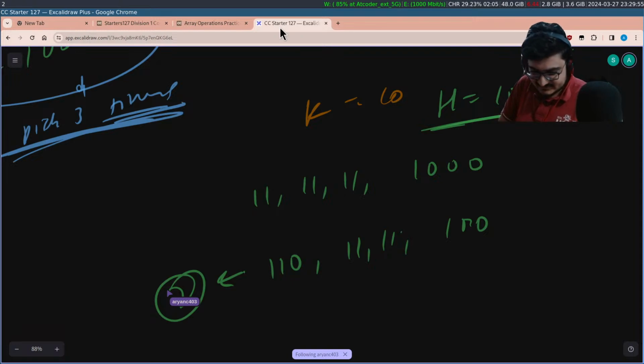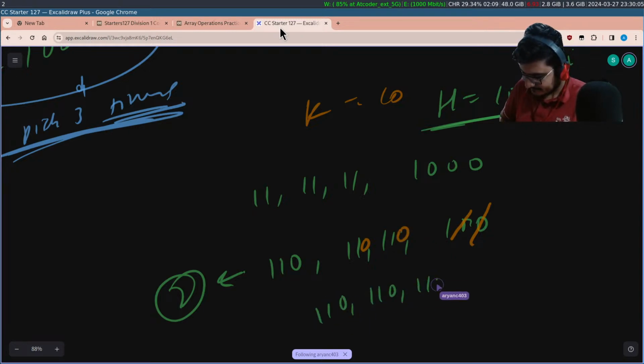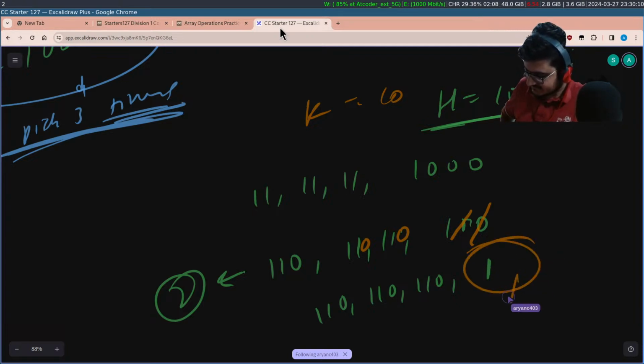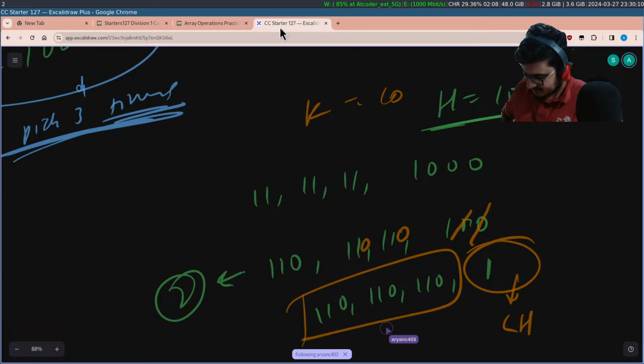But the main crux here is you can divide this number again to make this greater than 0, and this number again to make this greater than 0, and overall you can get 3 numbers here. This was the number greater than h which we made less than h, and these 3 numbers were less than h but we made them greater than h, and overall the count was 3.